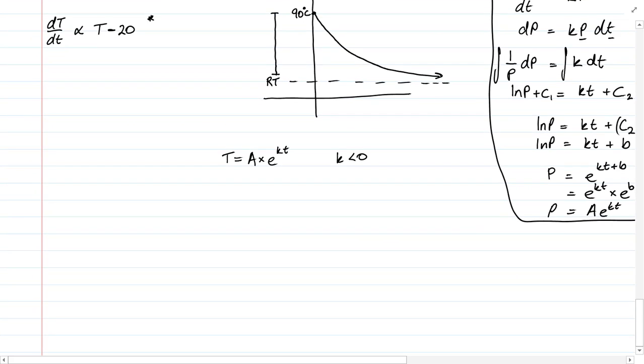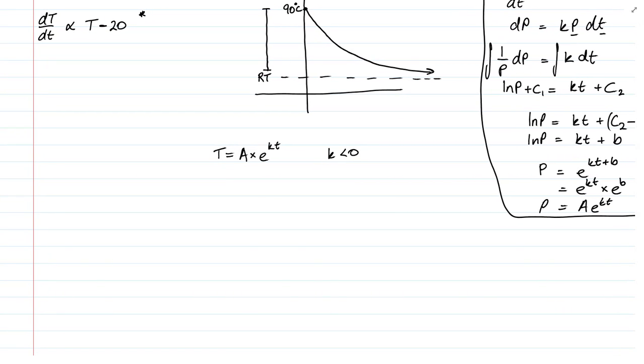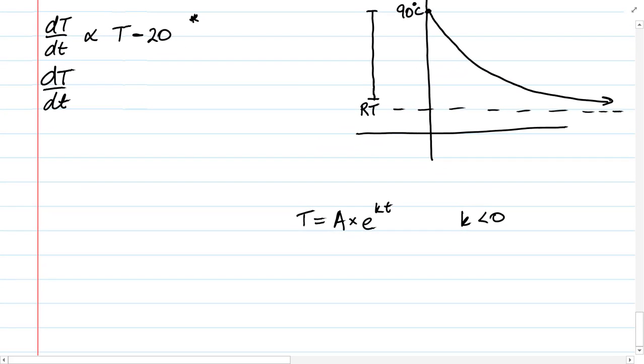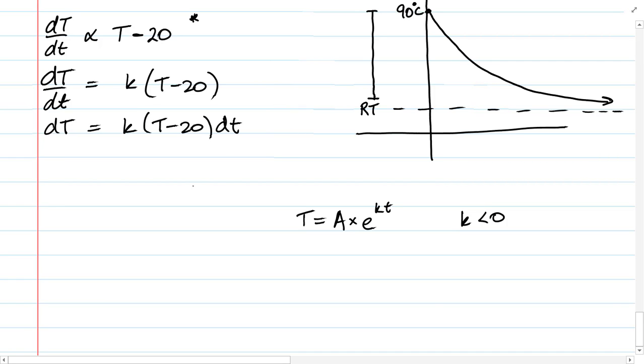Okay, just scooting back across then, let's do the same thing for this question. So we get this, dT, so zoom in a little bit here, is equal to k times T minus 20. And so therefore I can rearrange that to be dT equals k (T minus 20) dt.